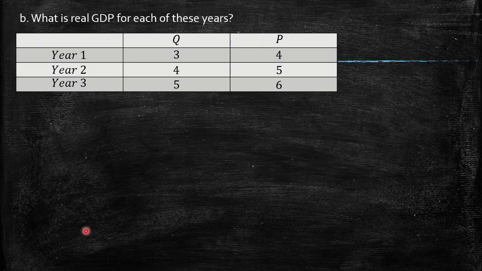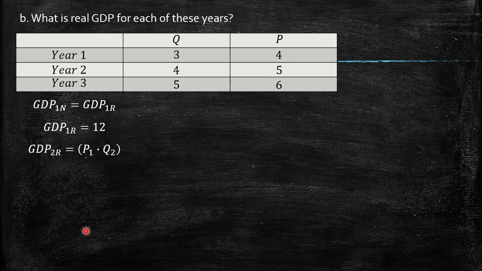And then what is the real GDP for each of these years? So we have GDP nominal exactly equal to the real for year 1, because this is the base year, and then the real GDP for year 1 should be 12. Then for year 2, this is the change, price 1 instead of price 2, because we are computing the real GDP.